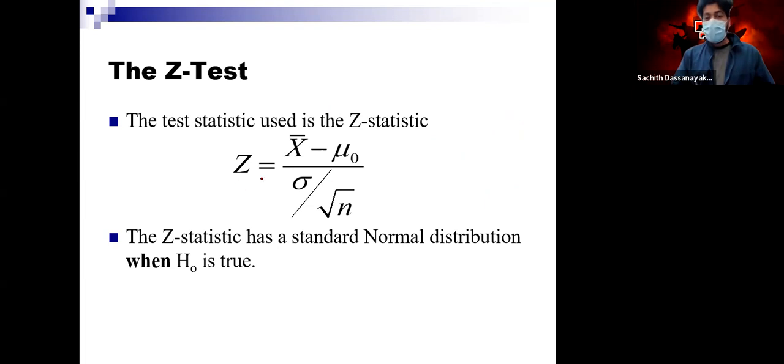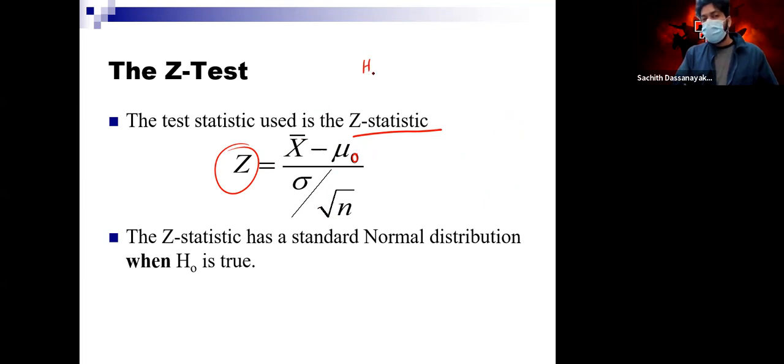We call this the Z statistic, equals x bar minus mu naught divided by sigma over square root of n. I think last day I did something wrong; here should be a square root of n. Why is this mu naught instead of mu?